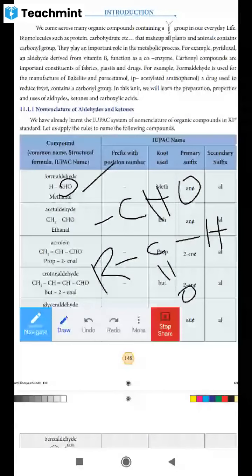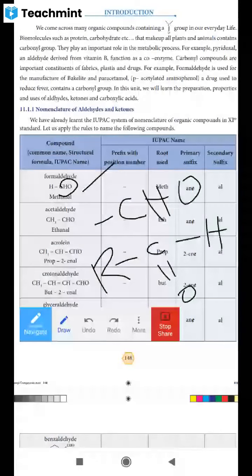Anyone? No problem. How will you get alkyl groups? In 11th itself I told you.